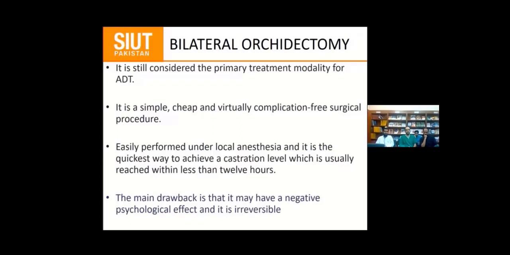If somebody who is a junior, or even a senior person, hasn't done it properly, maybe leaving behind a little bit of parenchyma, that parenchyma would be in a position to produce testosterone. So if the goal is to have no or low testosterone after orchiectomy, that goal is not achieved.